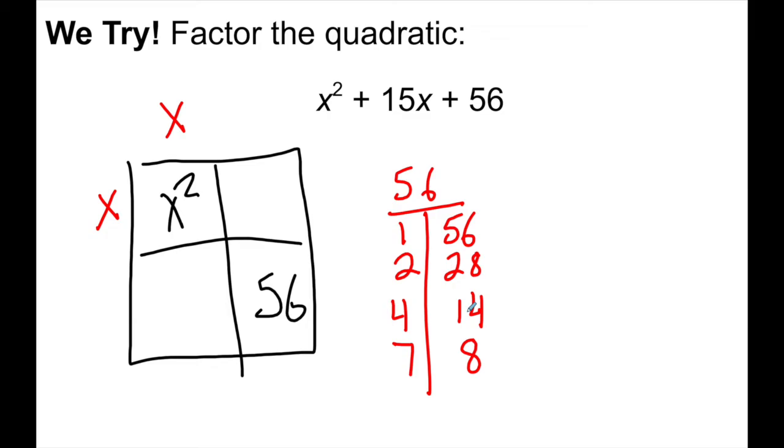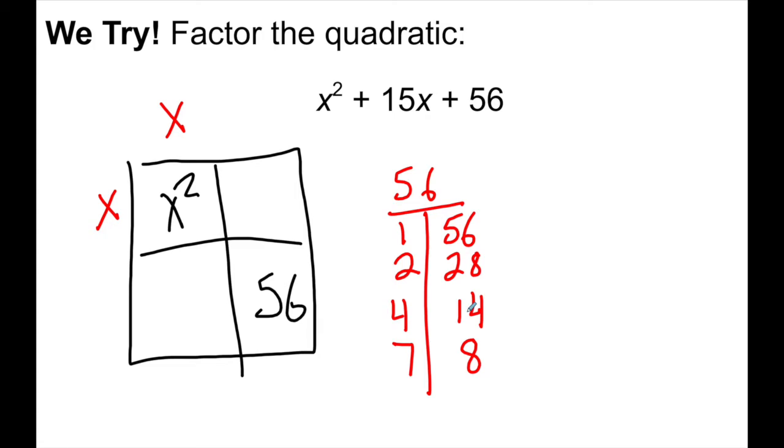See if you can see. One of these pairs will be the pair. See if you can figure out which of these, 1 and 56, 2 and 28, 4 and 14, or 7 and 8, is the pair. Think about why that is and think about which ones have to be positive and negative and why.